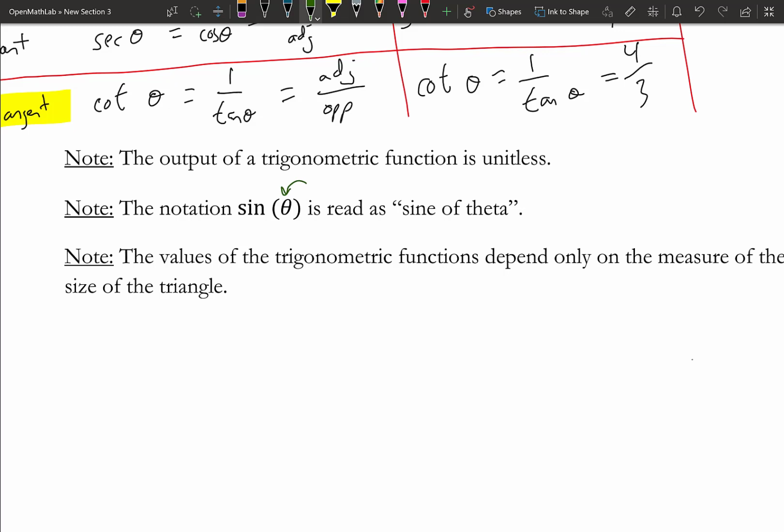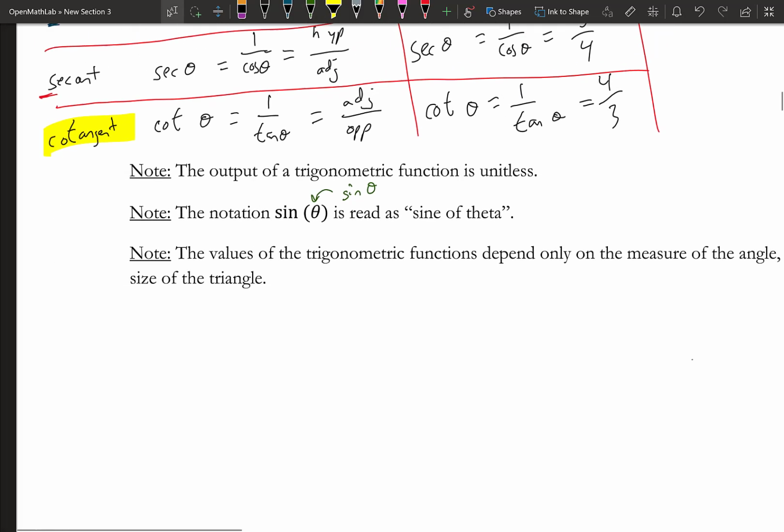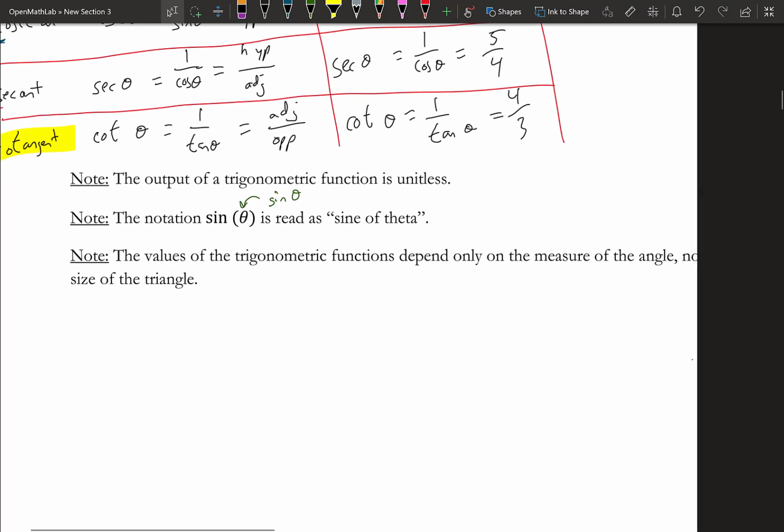So sometimes you might see just sine theta without parentheses, right? Sometimes that gets a little confusing, where the input stops and ends, but I usually try to write it with parenthesis notation. But just keep in mind our book or other things might not always do that.